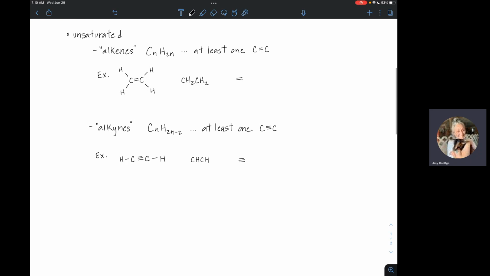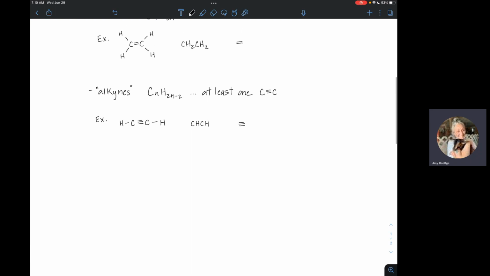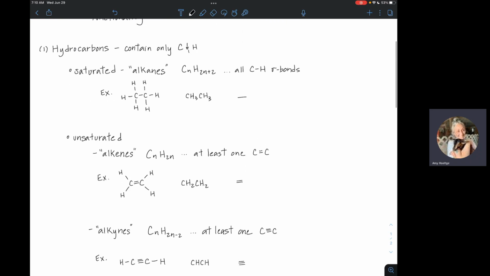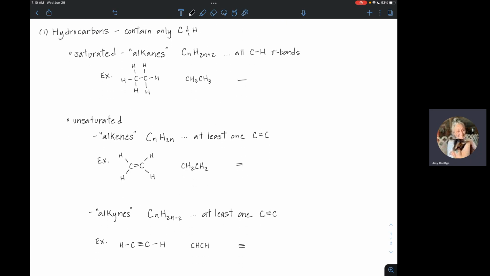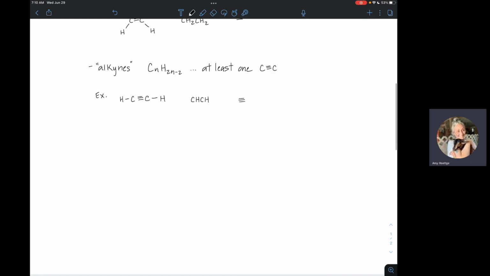That's one category. In this category, I guess we could also include our aromatic compounds, but I'm going to give them their own number because they're special. They are not just simply fancy alkenes. So we're going to call these our aromatics. Sometimes they're called arenes. You may see that word. It's describing an aromatic compound.